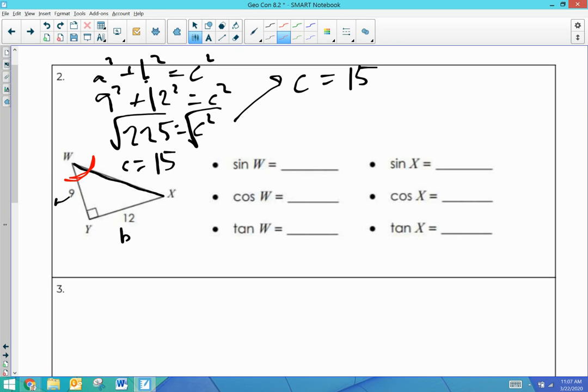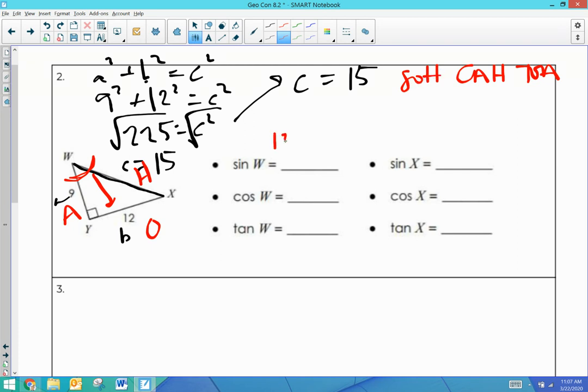Okay. So I label this as my opposite, my adjacent, and my hypotenuse. All right, so sine, I'm remembering SOH CAH TOA. Sine is SOH, so sine is opposite over hypotenuse.